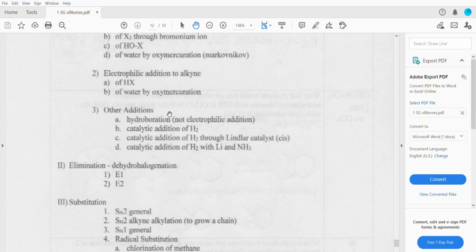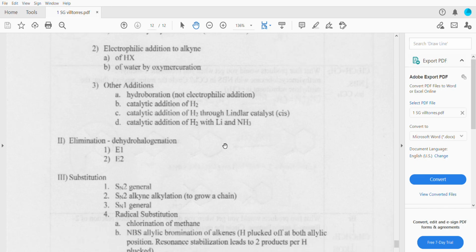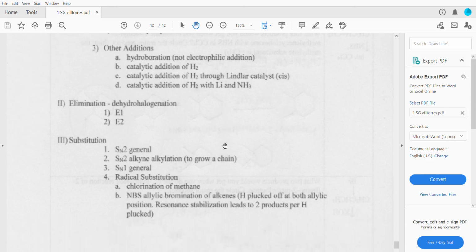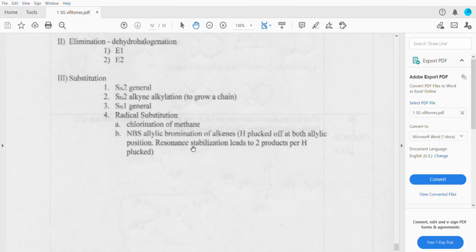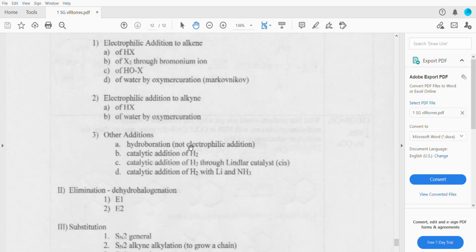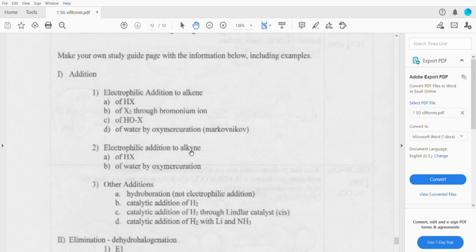And then other additions: hydroboration, catalytic addition of H2 with Lindlar catalyst, and addition of H2 with Li and NH3. Dehydrohalogenation, E1 and E2, substitution, SN2, SN1, radical substitution. So those things you need to make your own standard reactions, and then you can apply them.